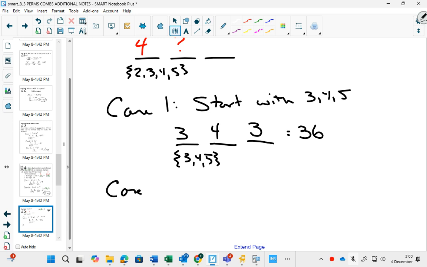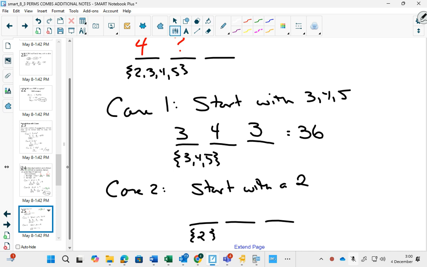Case 2. What didn't I count? I didn't count start with a 2. Now if I start with a 2, the second number could be a 3, a 4, or a 5, but the 3 still causes problems later on. So again, what would guarantee that it would be bigger if I started with a 2?